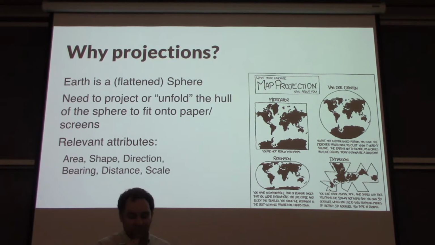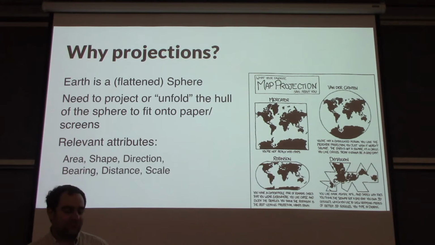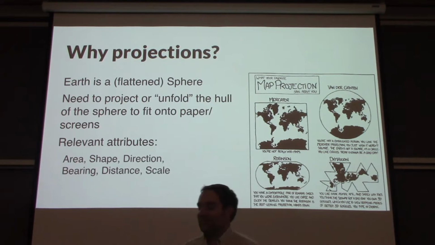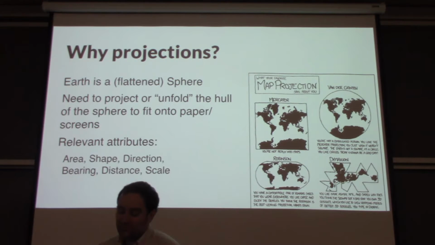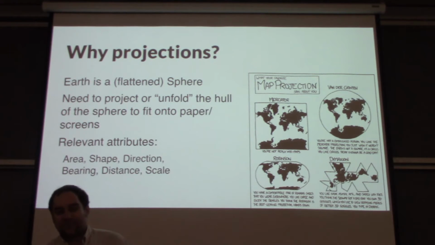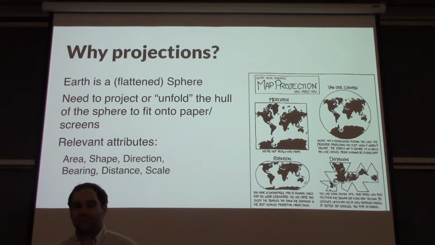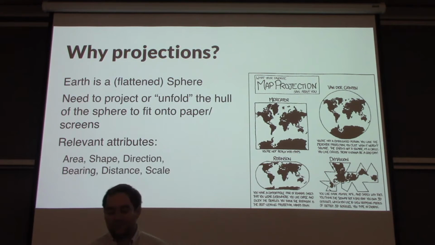So what we have is either print, where we need to project the map, or flat screens, where we also need to project the map. The challenge here is, of course, that we have a sphere, and how do we map that sphere onto a flat area? The answer to that is projections.